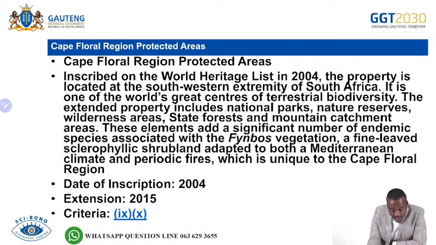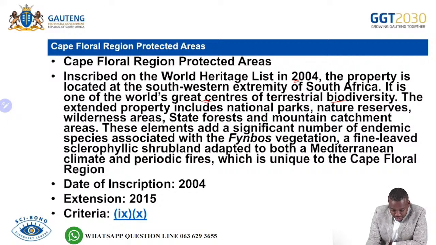So what is Cape Floral Region Protected Areas? It was inscribed on the World Heritage Site list in the year 2004. The property is located at the southwestern extremity of South Africa, there in the Western Cape. It is one of the world's greatest centers of terrestrial biodiversity. Here we talk about the different types of plants that we have.